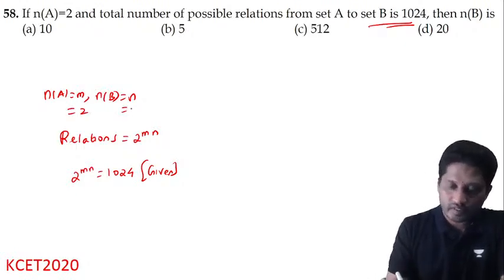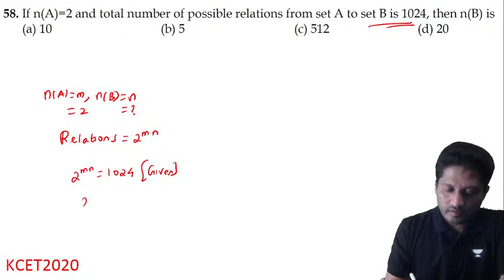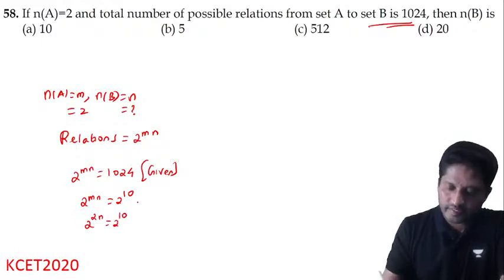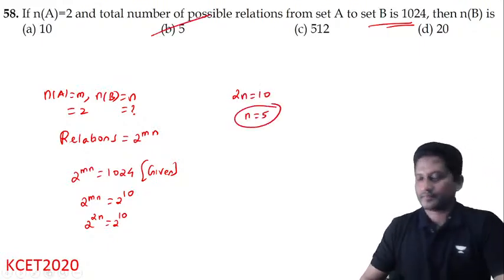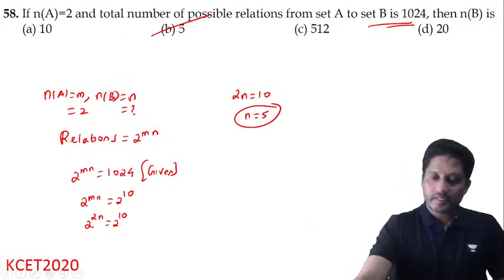I should find out. 2 power mn is equal to 2 power 10, right? 2 to the power of 2 into n is equal to 2 power 10. If I equate, 2n is equal to 10, right? n is equal to 5. Answer is option B. Let's move to the next question.